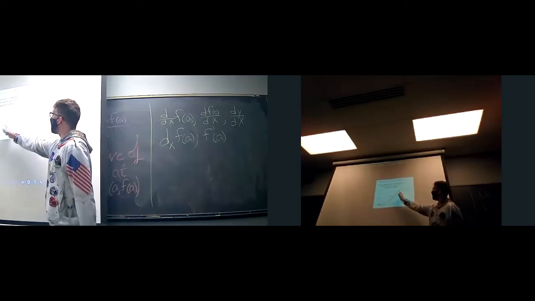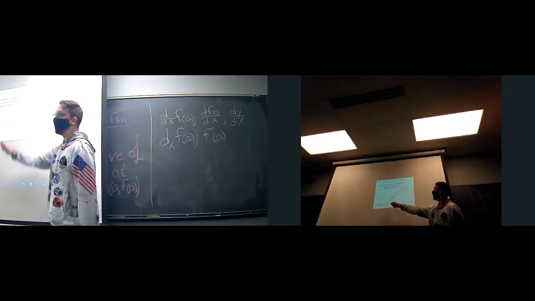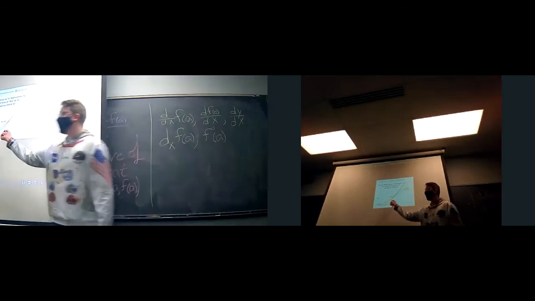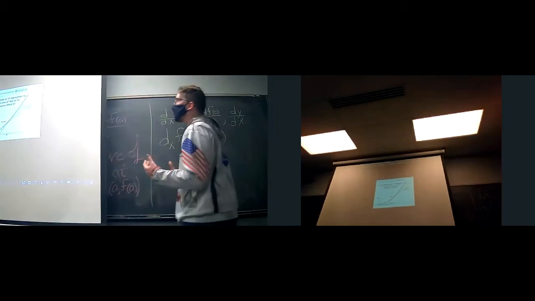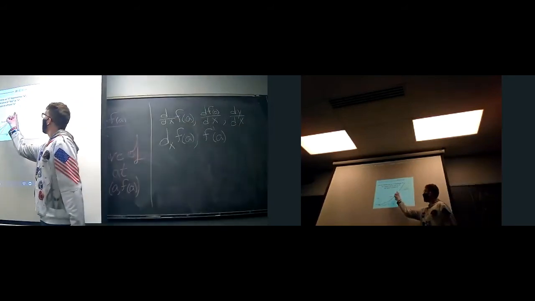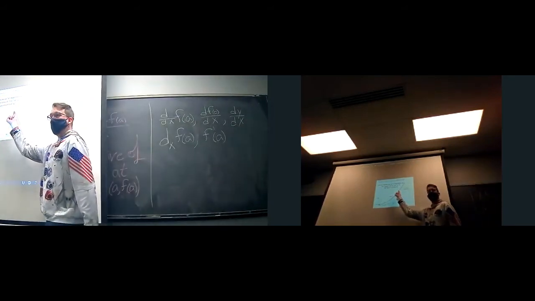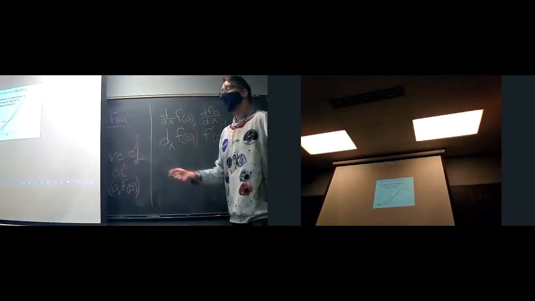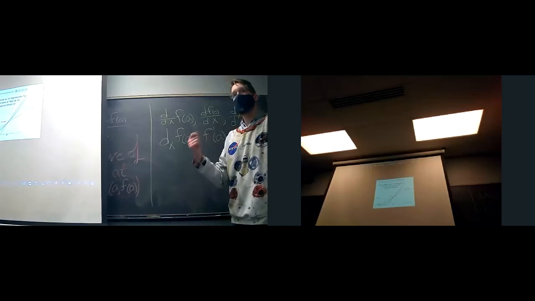And in green, this is our tangent line. As the limit, in this case of h, approaches 0, it's really our delta x. As the limit of that approaches 0, these secant lines approach our tangent line. And the slope of this tangent line is equal to the derivative of your function at that point.